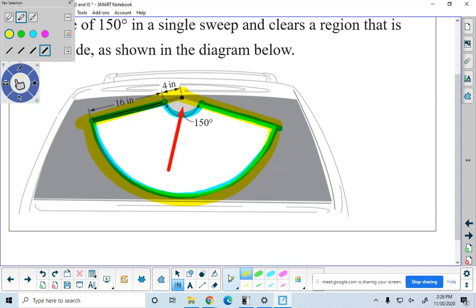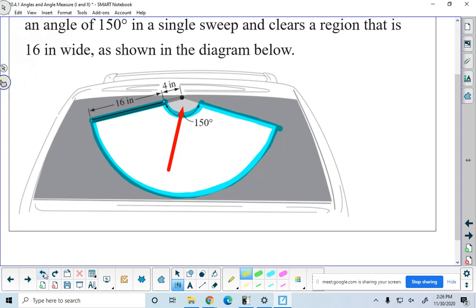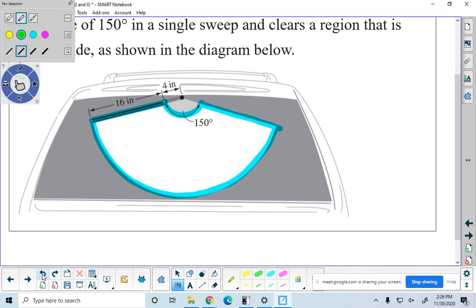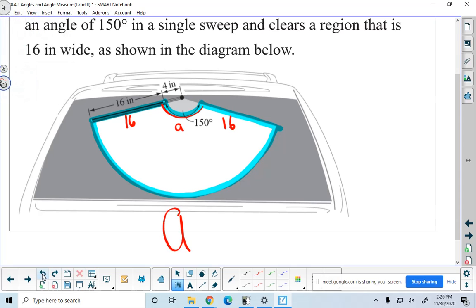Anyway, we want to find the perimeter that I've got highlighted in the bluey green color. So that perimeter actually has 2 lengths of 16 inches each. So this is 16 inches. This is 16 inches. It has a little arc length, which is this, and it has a big arc length, which is this.